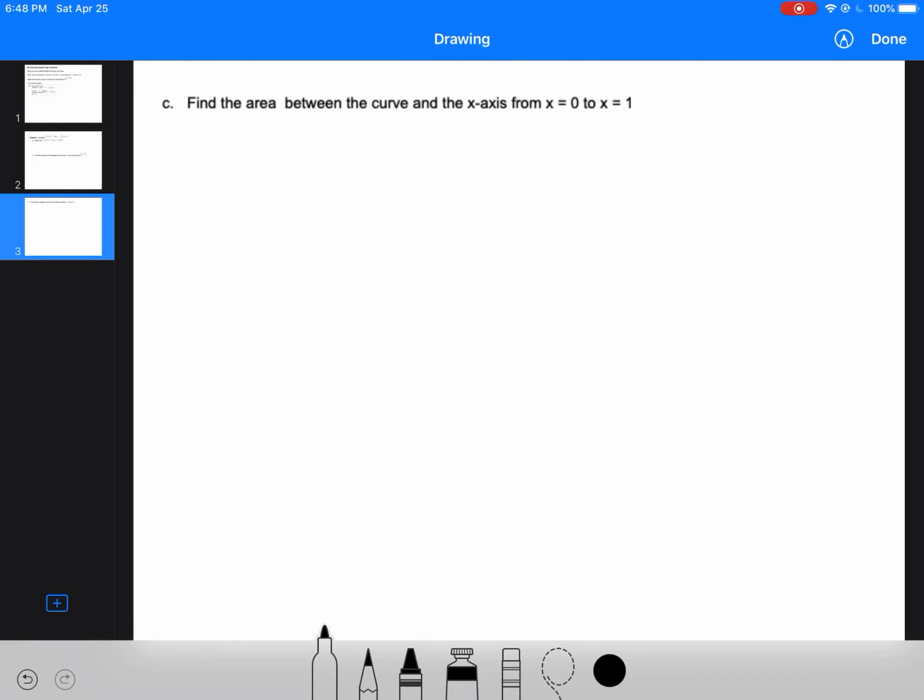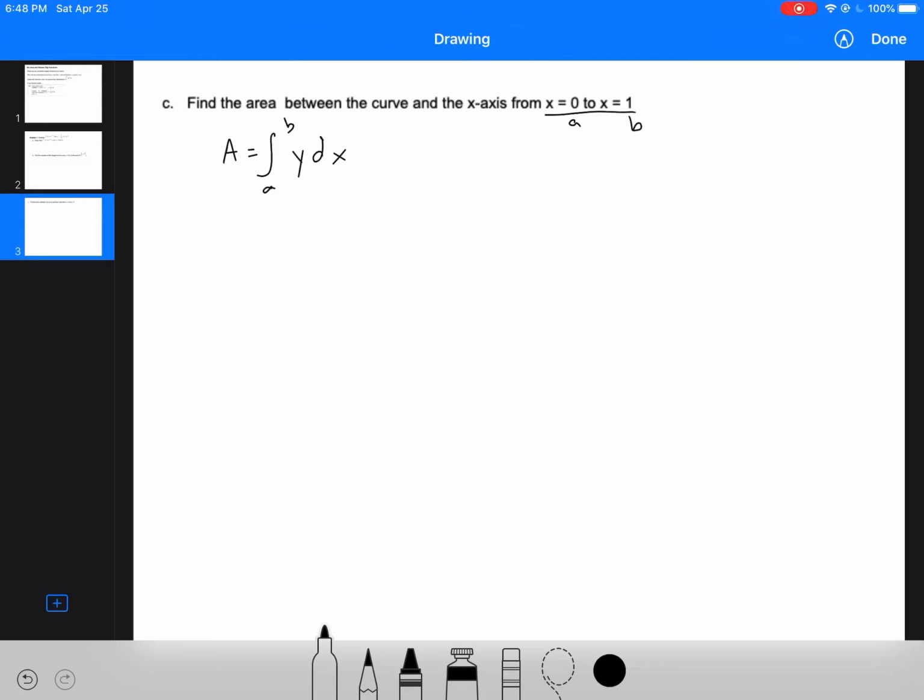The last thing that we're going to do is find the area between the curve and the x-axis from x equals 0 to x equals 1. So for our area, we're going to start with our formula: the integral from a to b of y, our function, dx.